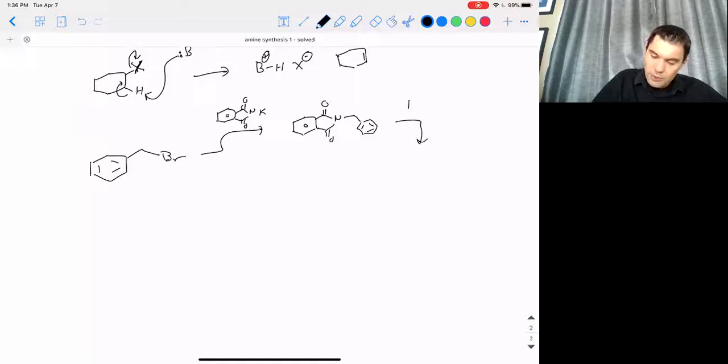And then I can reduce this with hydrazine. Sorry, not reduce, deprotect it with hydrazine, and that'll get me benzylamine.